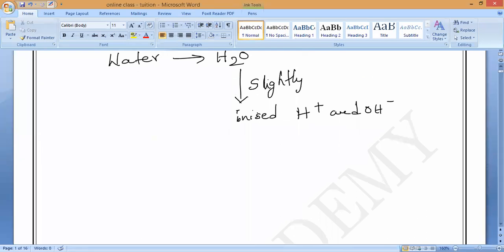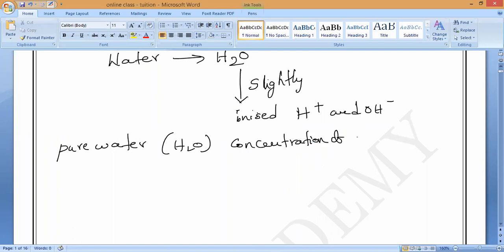Now, if you observe, in pure water, like distilled water, pure water means only H2O is present. So if we take pure water, the concentration of H plus ions and OH minus ions is the same, equal.